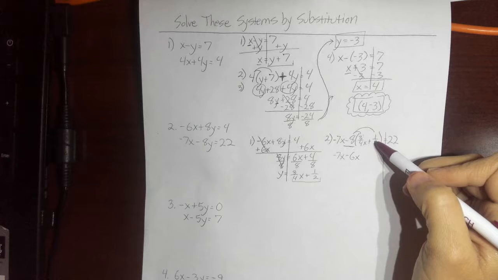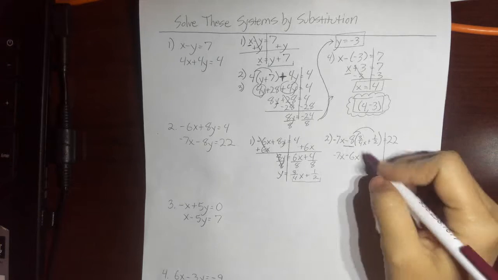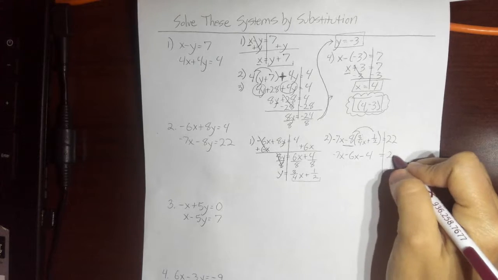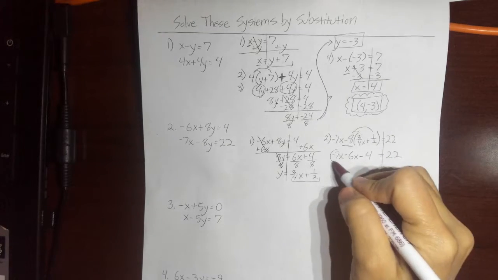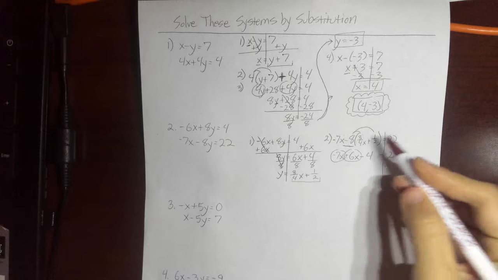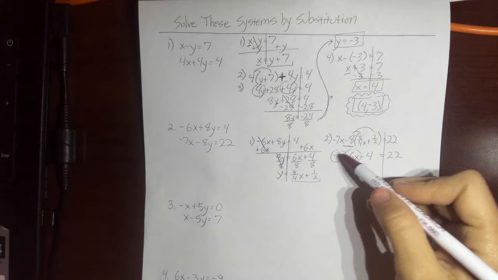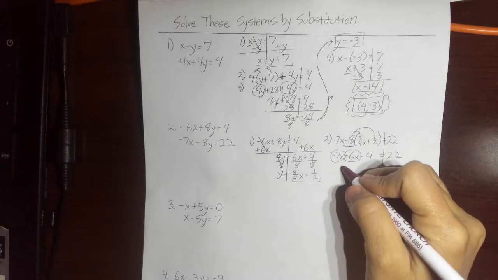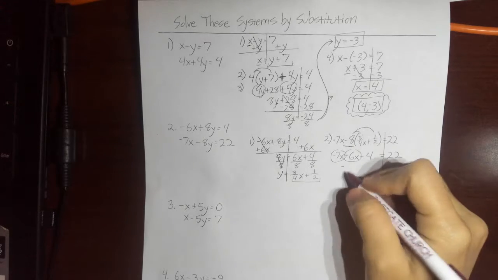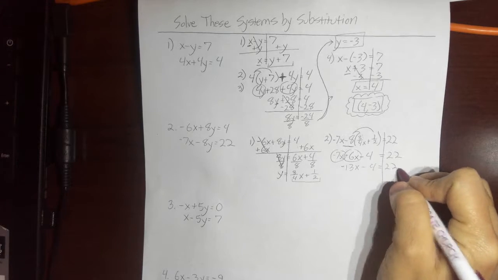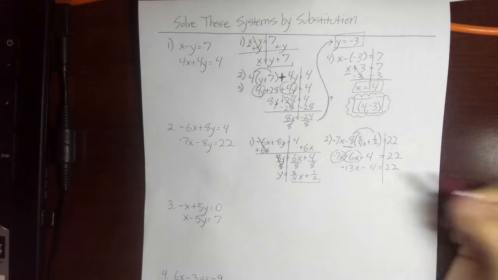Negative 8 times 1/2 would be negative 4. And you combine your x terms. So that's negative 7 and negative 6. Negative 7 minus 6 is going to be negative 13x minus 4 equals 22. At this point, this is just a two-step equation.